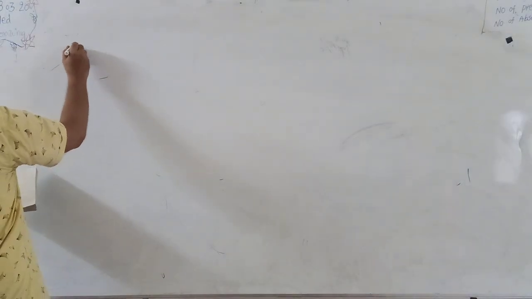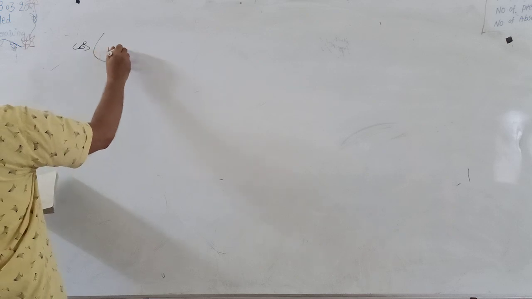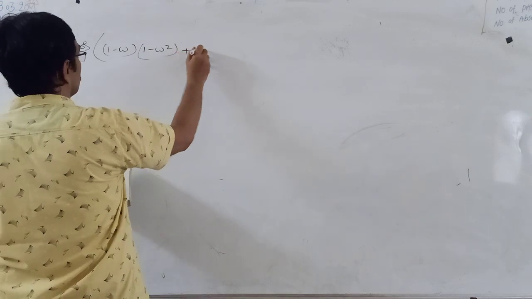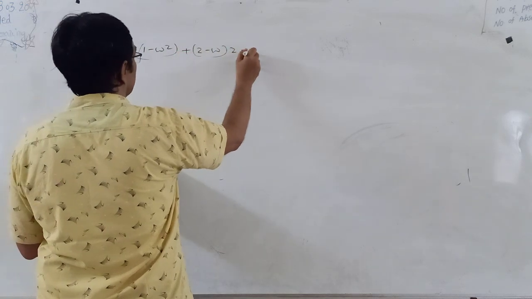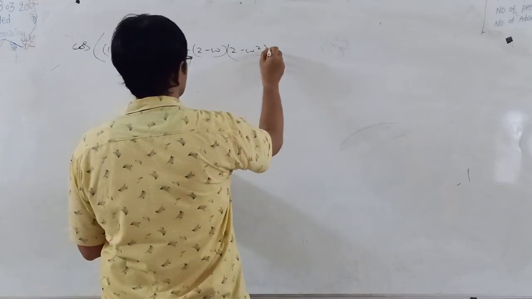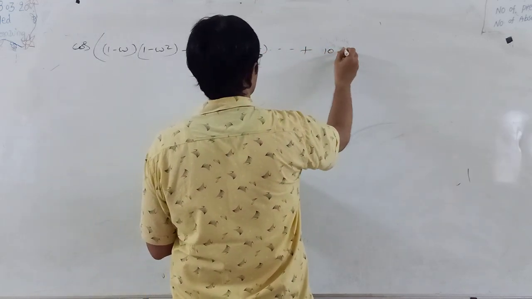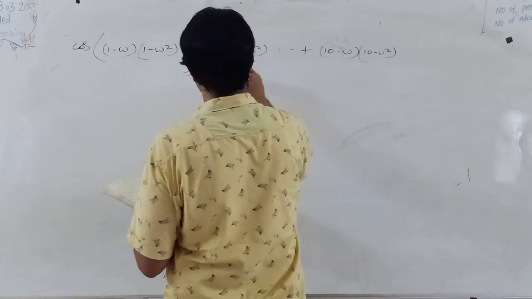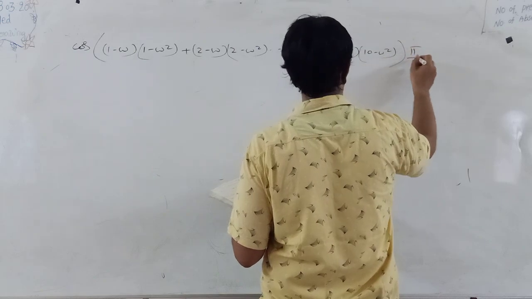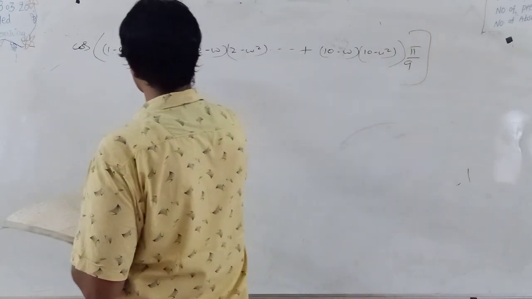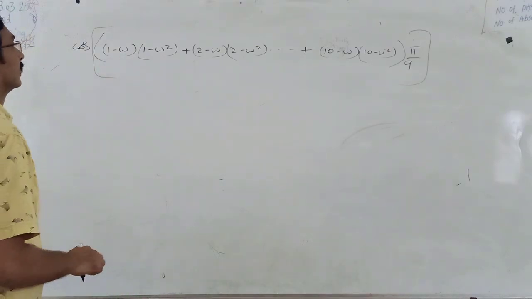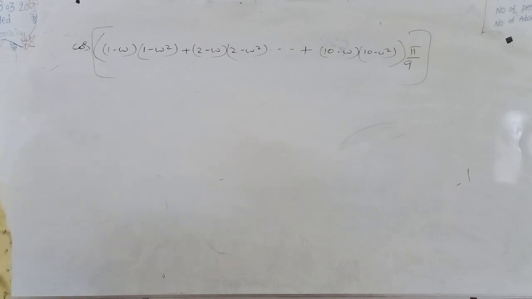Next, the 8th one: cos of (1 minus omega)(1 minus omega square) plus (2 minus omega)(2 minus omega square) and so on, up to (10 minus omega)(10 minus omega square), times pi by 9. The number of terms can increase or decrease, the trigonometric function can change, and the angle pi by 9 can change.